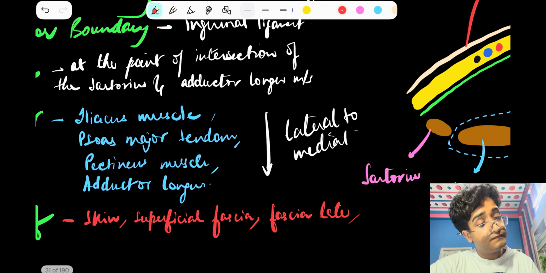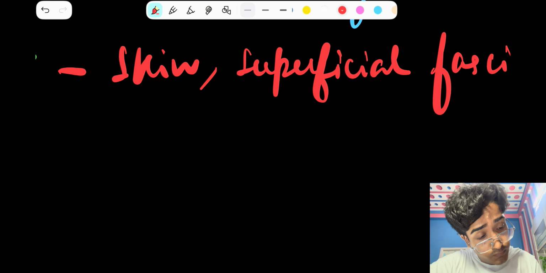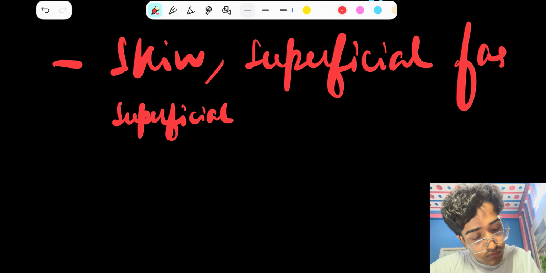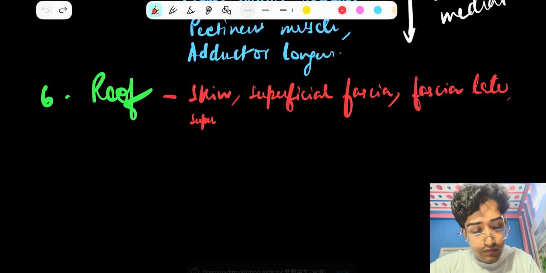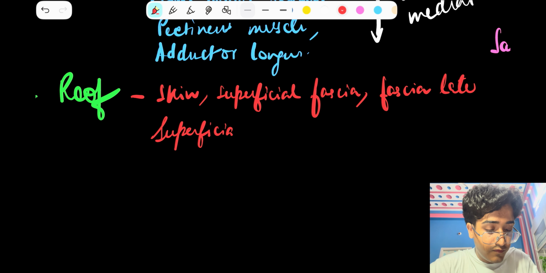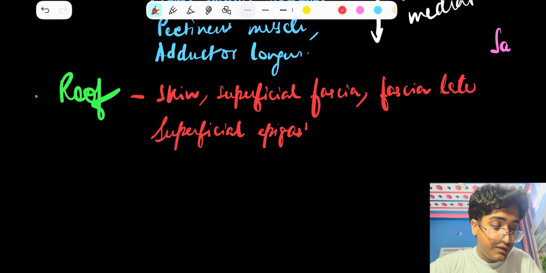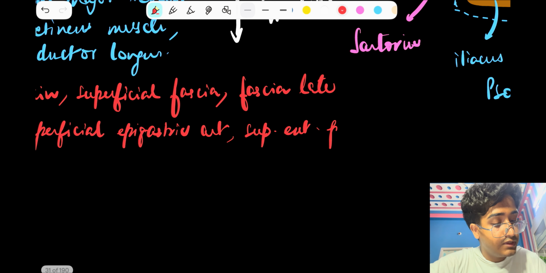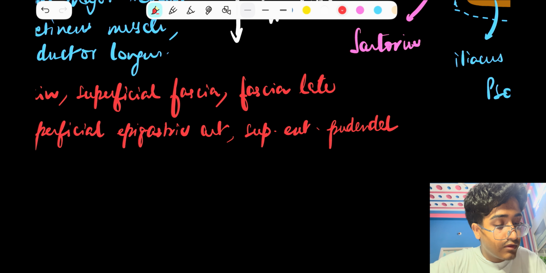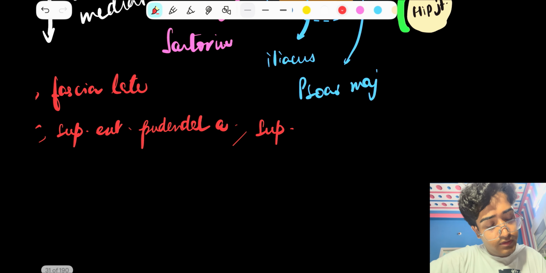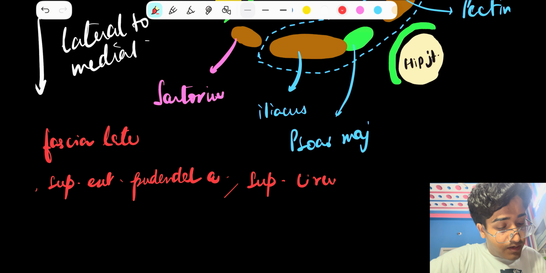Then we have these arteries: the superficial epigastric artery, then the superficial external pudendal artery, then the superficial circumflex iliac artery.